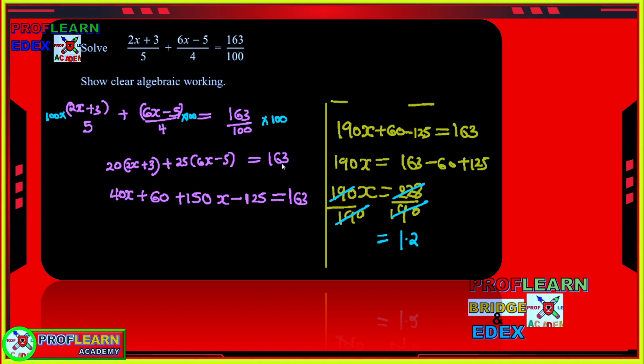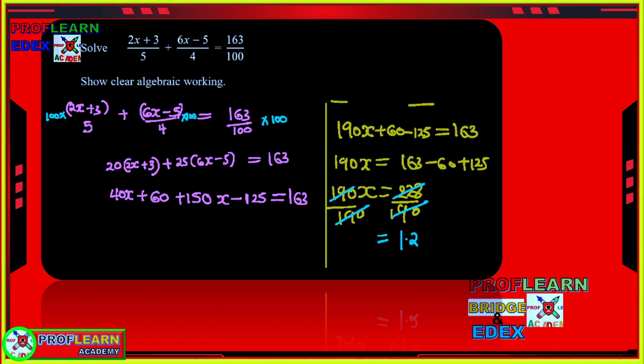You just open the bracket, that's 20 times 2x, 20 times 3 you get 60, 25 times 6 you get 150, and then 25 times 5 you get negative 125. Then you put the like terms together, solve for x, and your answer is going to translate to 1.2.